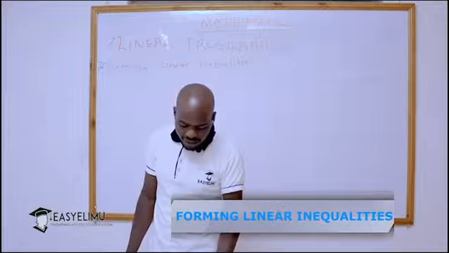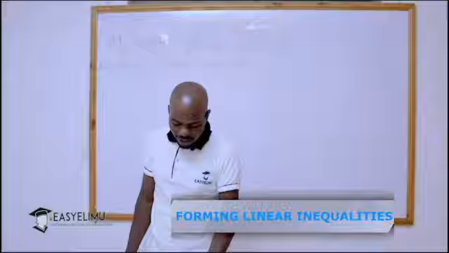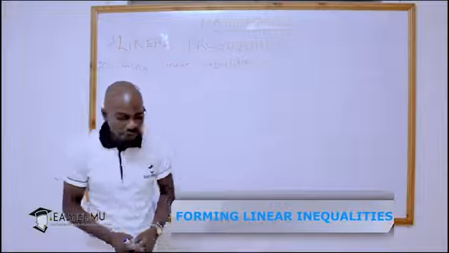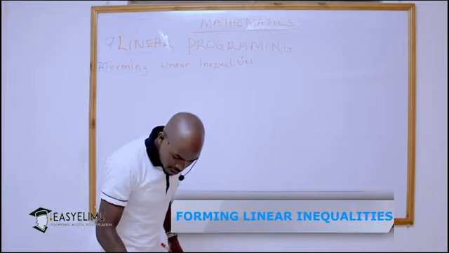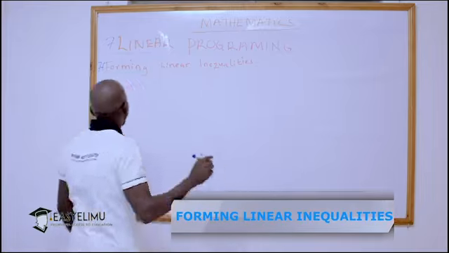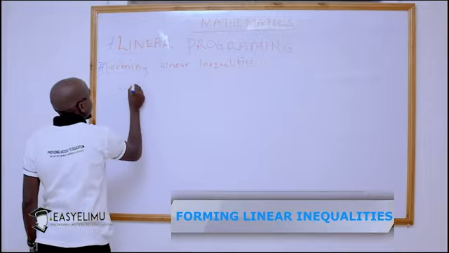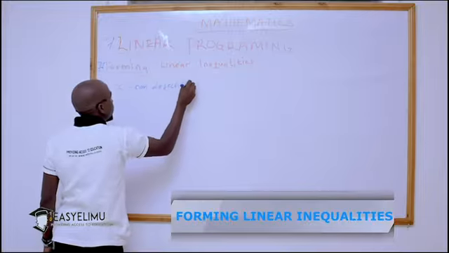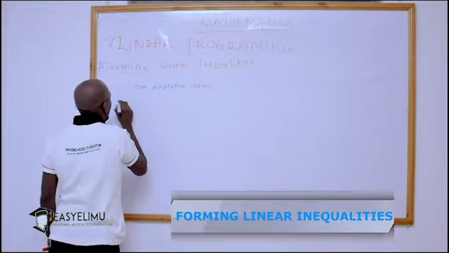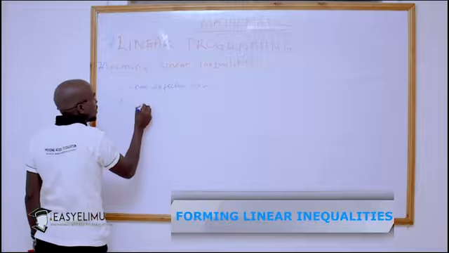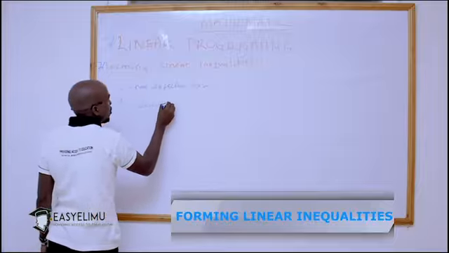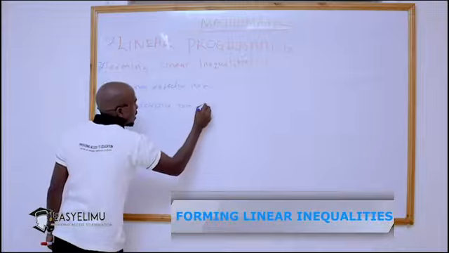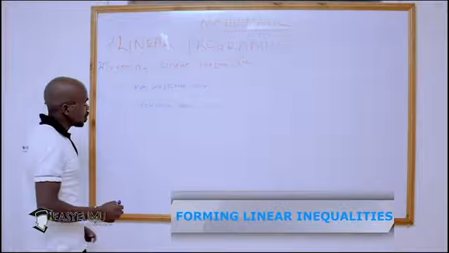If in a day x non-defective and y defective items are sold, form the inequalities to represent the situation. So here x is the non-defective items sold, and y is the defective items sold.